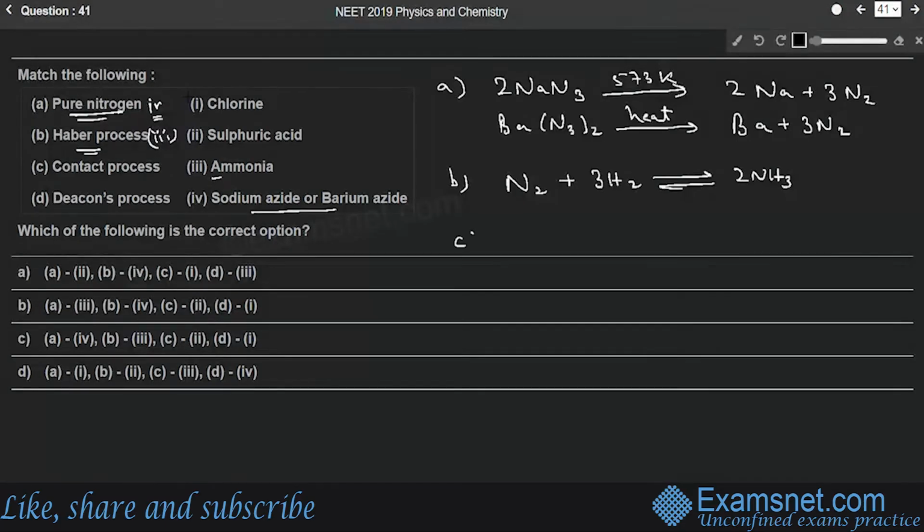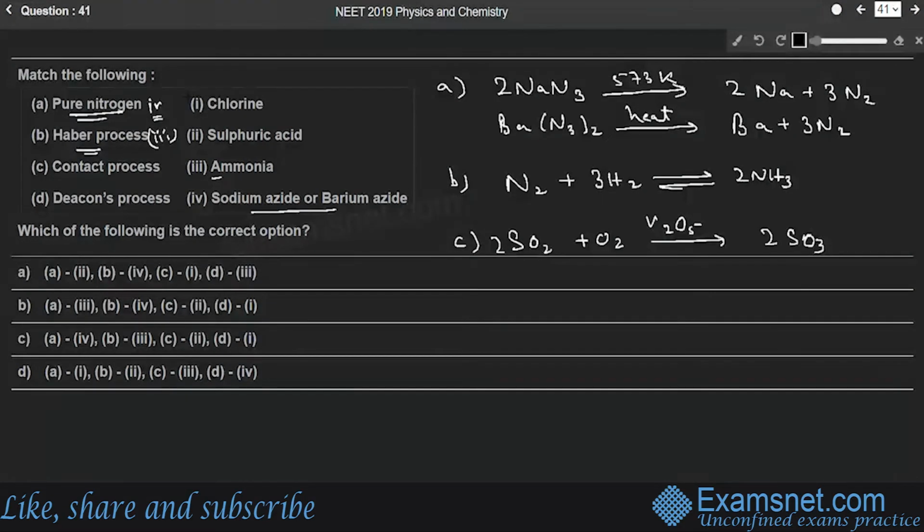Now the third one is contact process. It is quite complicated. It is carried out in various steps. For example, sulfur dioxide reacts with oxygen to give sulfur trioxide first, and the catalyst used is vanadium pentoxide.